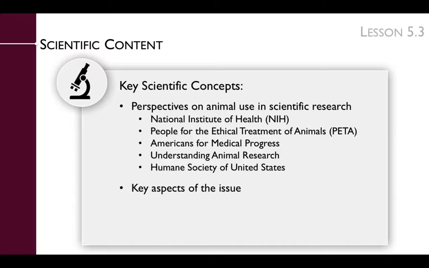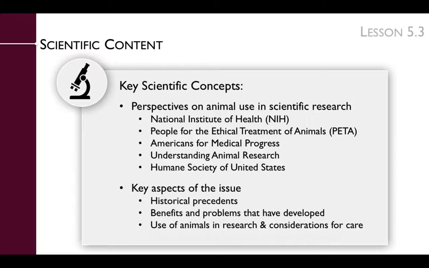Those aspects include the historical precedents, benefits and problems that have developed because of animal use or non-use, use of animals in research and considerations for their care, and the ideal relationship between humans and animals.